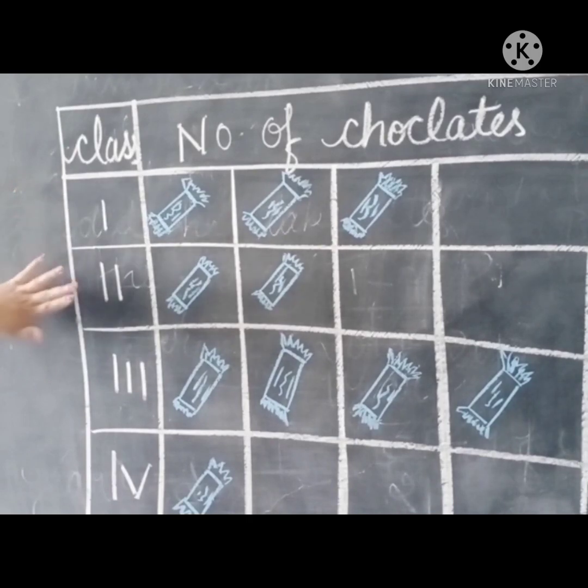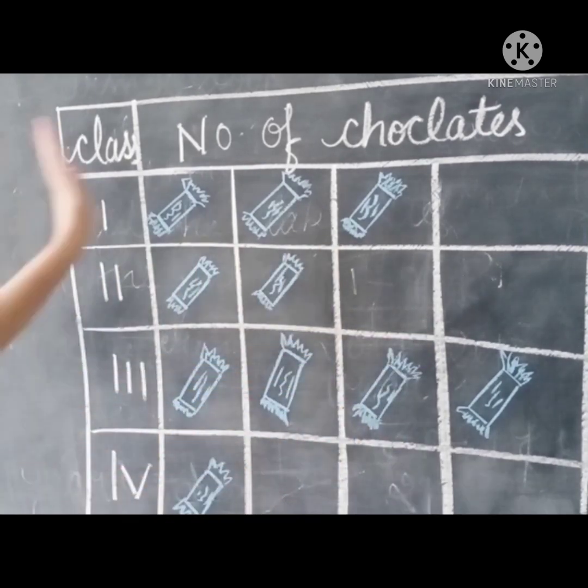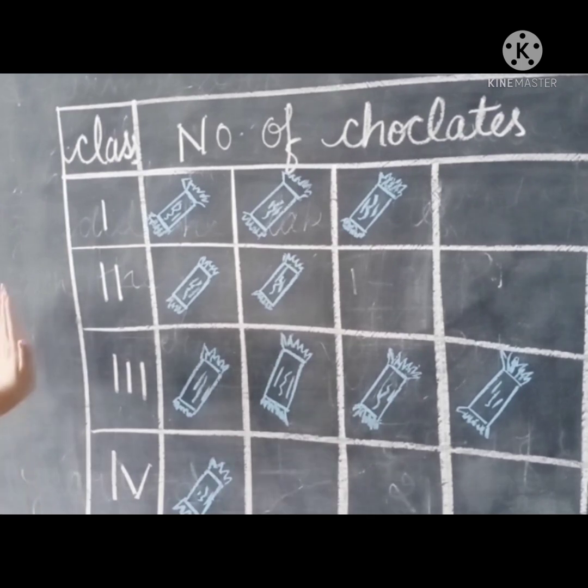Here are our classes, first, second, third, fourth, and here we have the number of chocolates that were distributed. So we have arranged our data accordingly. In one row we have put our classes, and in the other we have put the number of chocolates that were distributed.